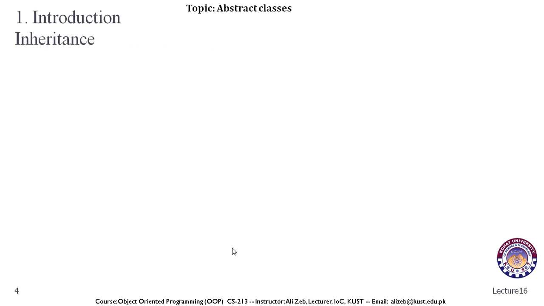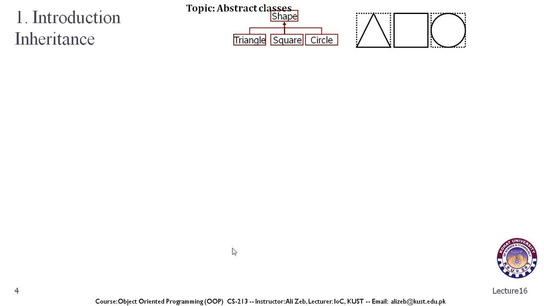We can use inheritance, and in inheritance what we do is, as we have seen previously, we combine the common details of the classes into a common class that becomes the superclass. In this case we create a shape class that is the superclass of the triangle, the square and the circle class.